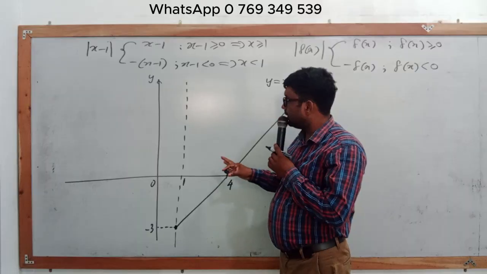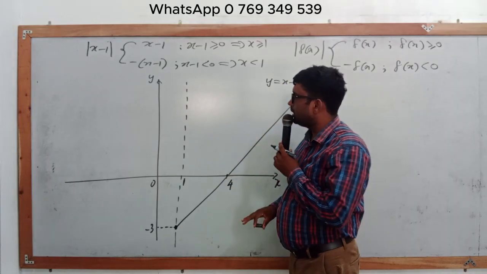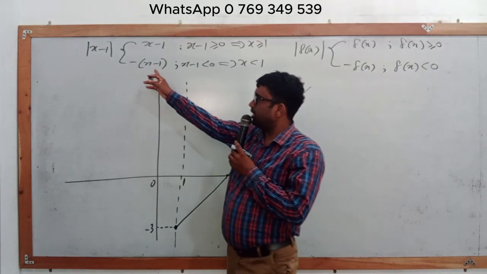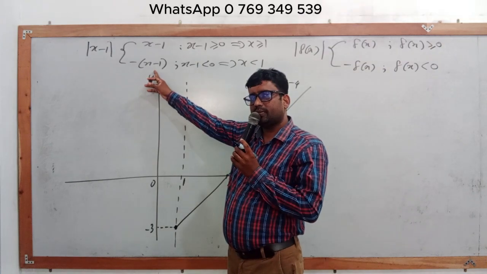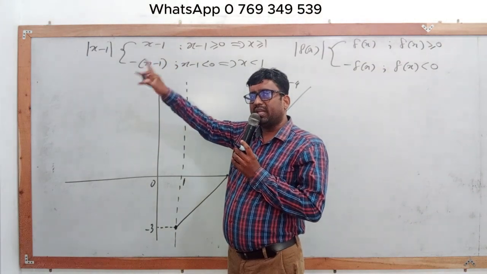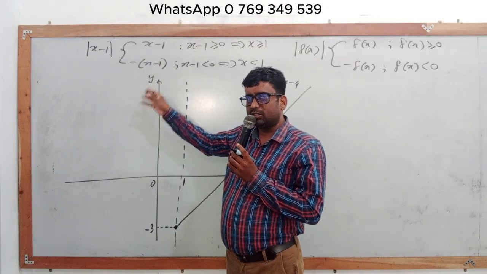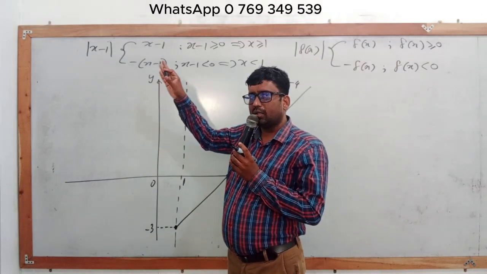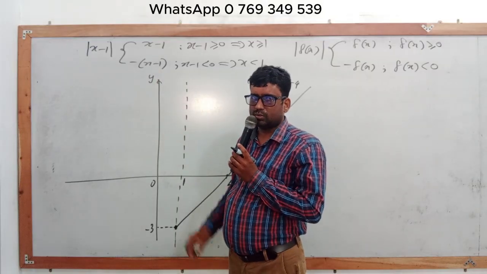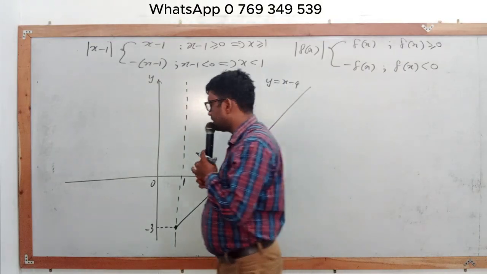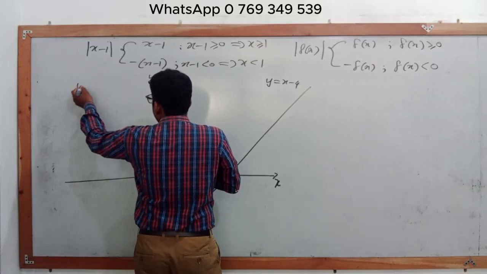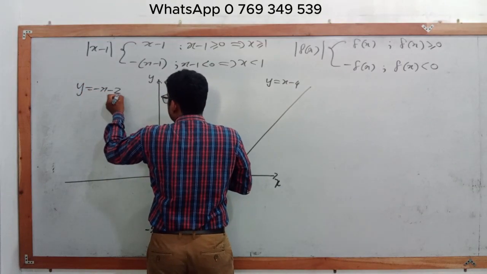And next, the negative side. On the negative side we are using minus x plus 1 minus 3. Therefore, that answer should be minus x minus 2. y equals minus x minus 2.